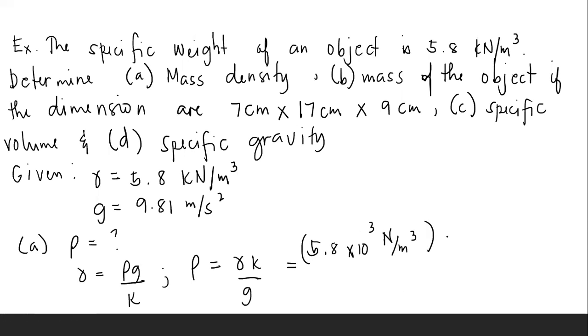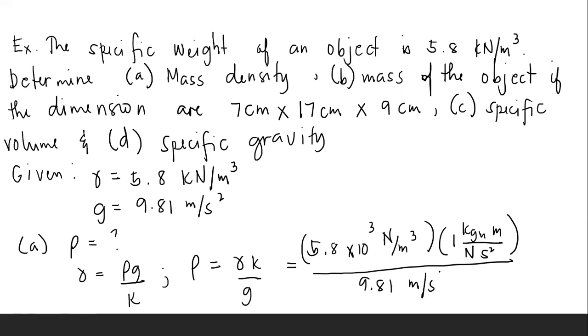And then the proportionality constant, since this one is in Newton, 1 kilogram mass meter per Newton second squared, over the gravity of 9.81 meter per second squared. Cancel Newton, meter per second squared.